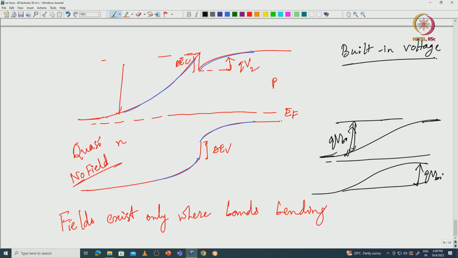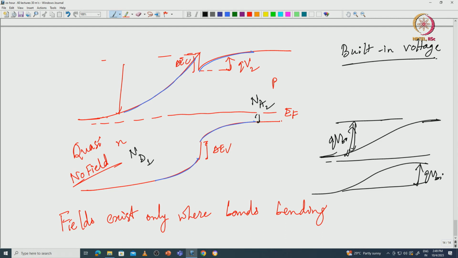So, what you have to do is, there is a doping here, say Na2, because this is the second semiconductor, and this is a doping of N side, the N type doping Nd1.